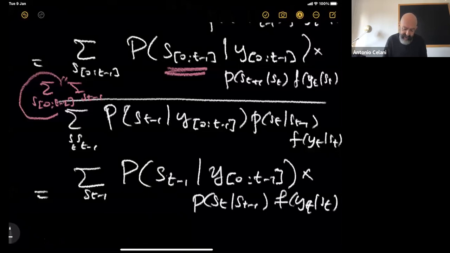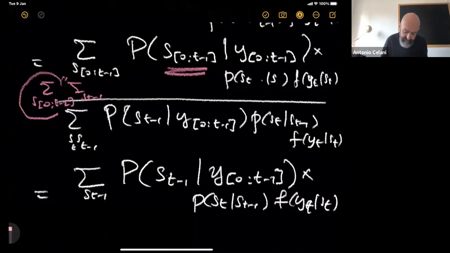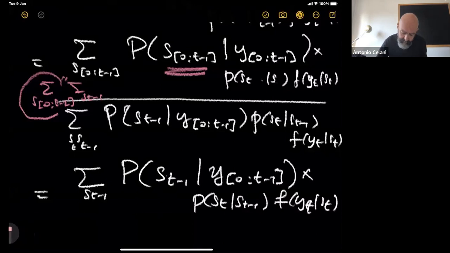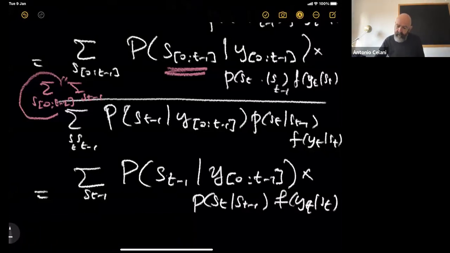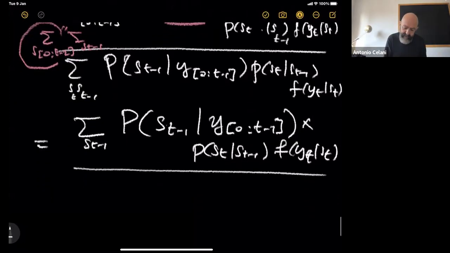While I'm writing, I realized that I mixed up t plus 1 and t here. And this is divided by the sum over s t, sum over s t minus 1 of the same object.